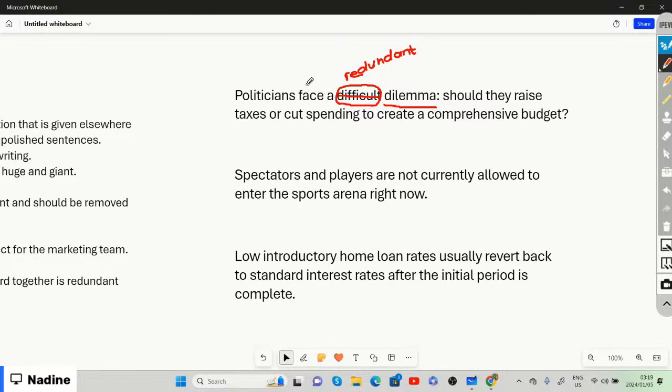It says spectators and players, meaning people that are sitting on the stands and watching the game, as well as people that are playing the game. Spectators and players are not currently allowed to enter the sports arena right now.